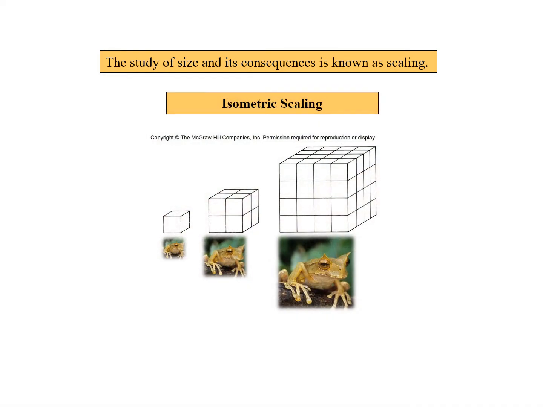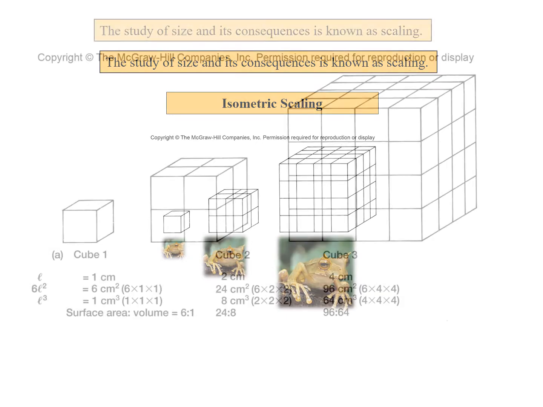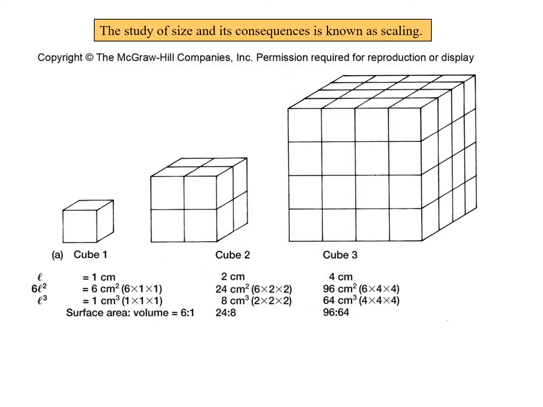The easiest way to understand the math behind scaling is to look at a very simple geometric structure. So yes, animals do scale isometrically, or geometrically similarly, but we'll come back to thinking about the relationship of surface area to volume in frogs and in other animals. But right now I just want to turn your attention to a simple geometric shape, a cube. Consider a cube with a length of 1 centimeter, a height of 1 centimeter, and a depth of 1 centimeter.